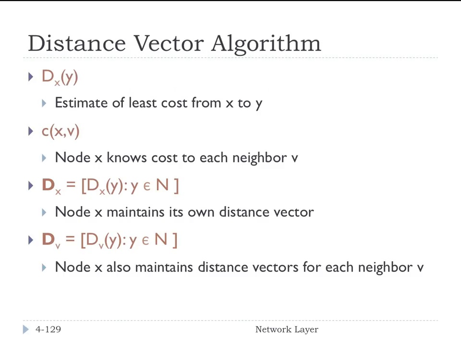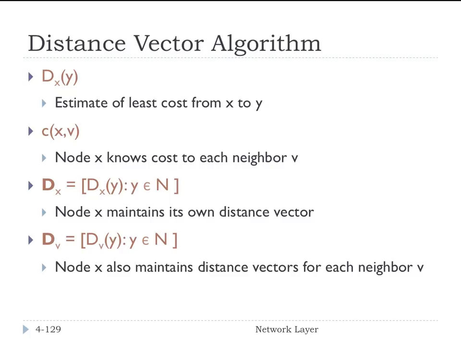Perhaps we should have started from this as another summary of our notation. This is our estimate of the least cost from x to y. This is going to be our part of the distance vector. This is the cost of a node to a neighbor, x and v, where x and v are neighbors. Each node is going to maintain its own distance vector.